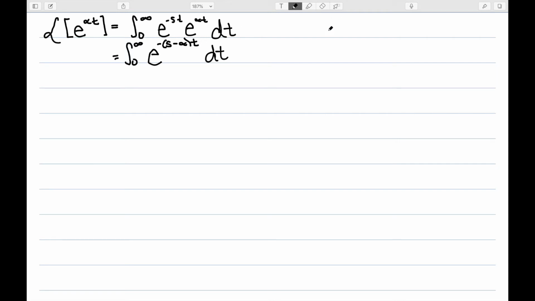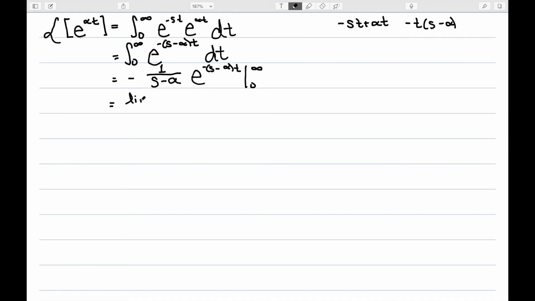So as a quick note, the actual exponent will be negative st plus alpha t. And then I went ahead and factored out a negative t to make this s minus alpha. Integrating then gives me negative 1 over s minus alpha times e to the minus s minus alpha t, going from 0 to infinity.